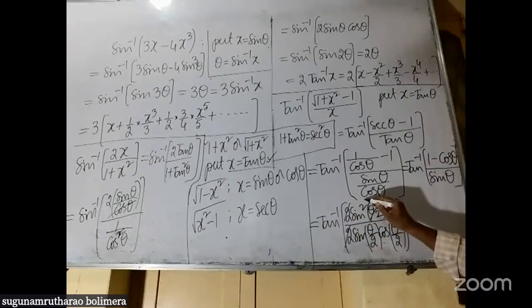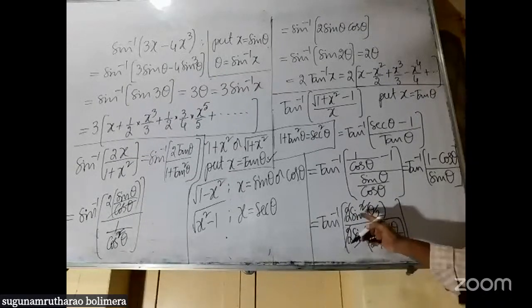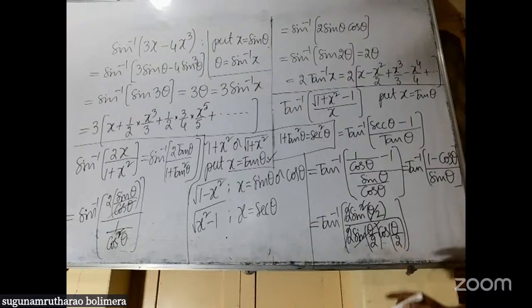So 2 gets cancelled, sin gets cancelled. Sin theta by 2 by cos theta by 2 gives tan inverse of tan theta by 2.